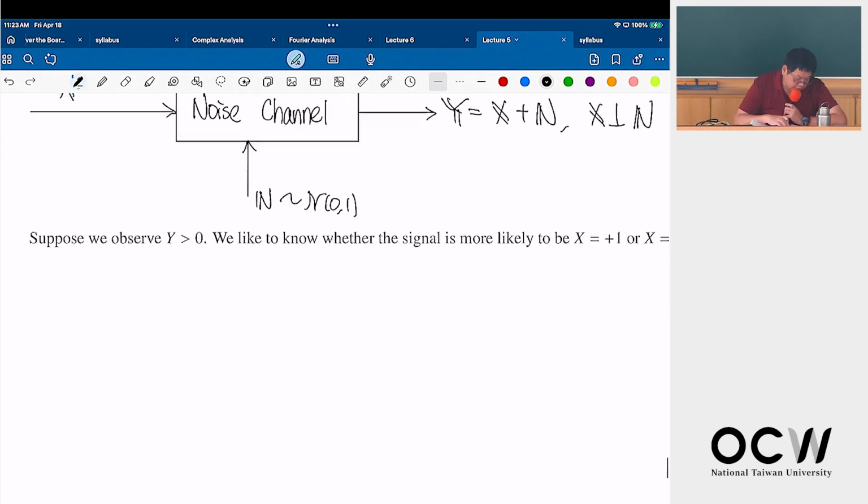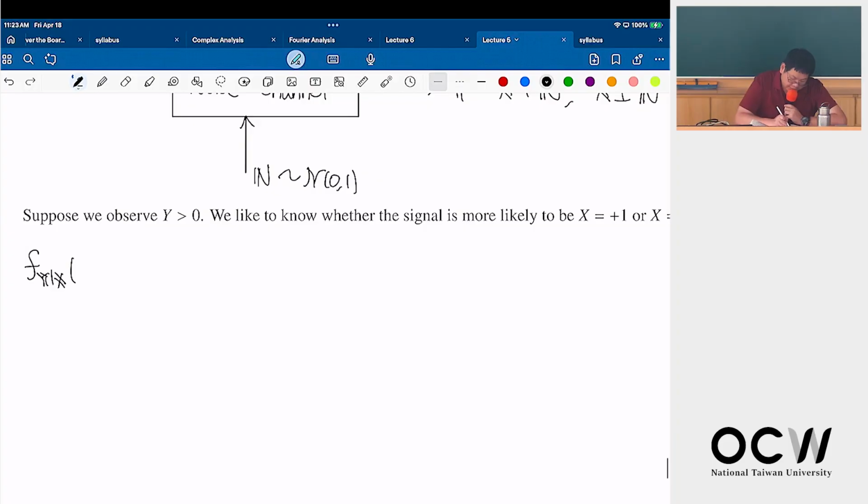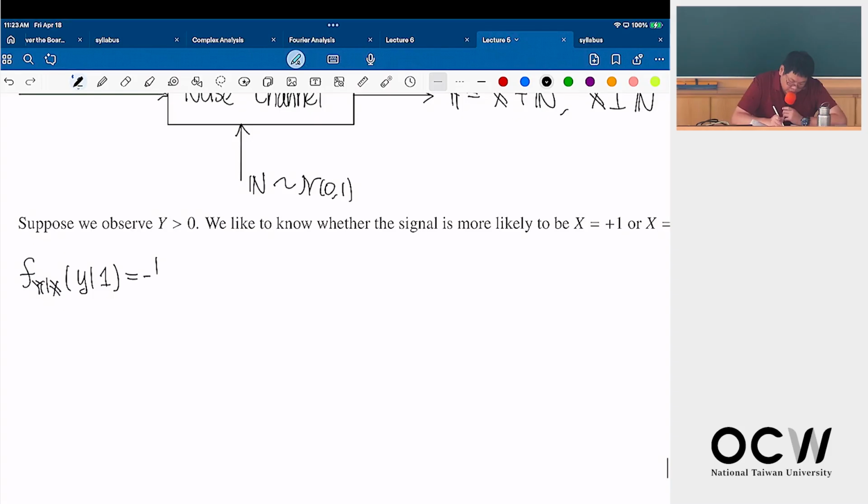So the conditional PDF of y given x is Gaussian. When x is 1, this is a Gaussian 1 over square root of 2 pi times exponential.